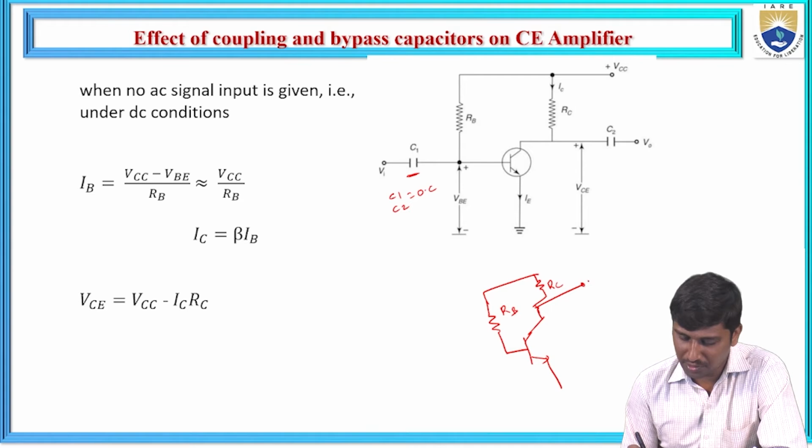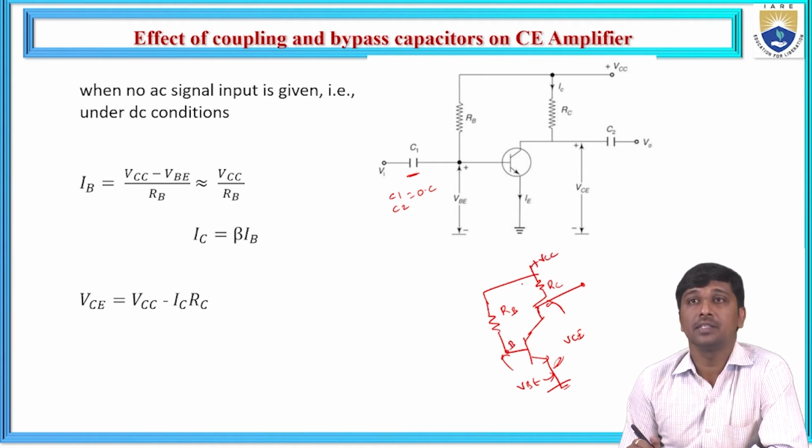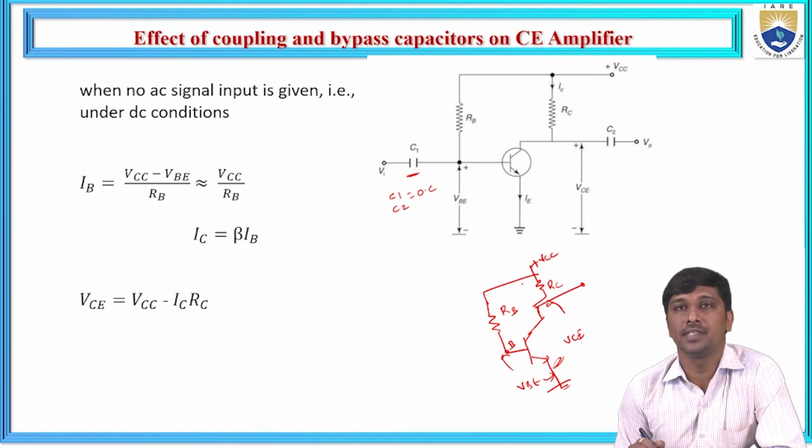Now this is an open circuit. The emitter is connected to ground. This potential is represented as VCE, and this potential is represented as VBE. This is the base node, and it is connected to a DC biasing source, VCC.